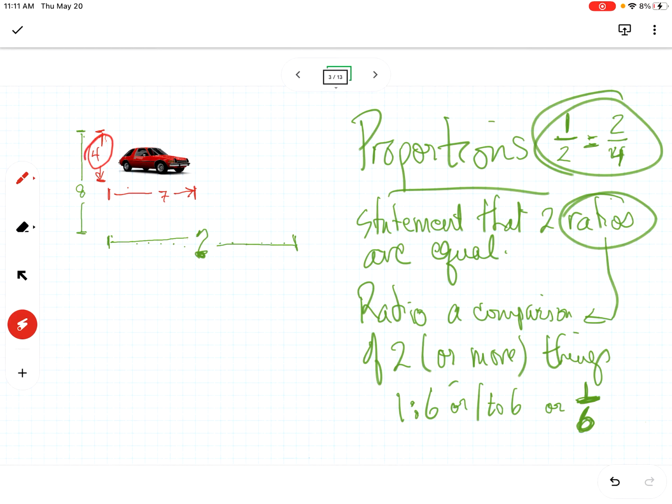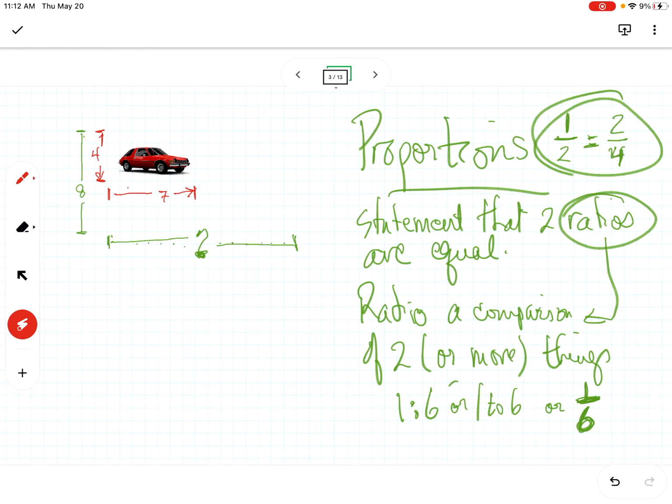Instead of a height of 4, I want a height of 8. If I change the height to 8, then what will be the length? This is the original drawing, 4 by 7. I want to find the stretched or enlarged drawing, which will be 8 by some mystery number.